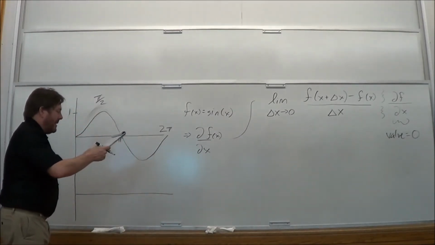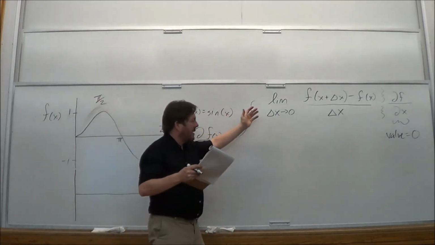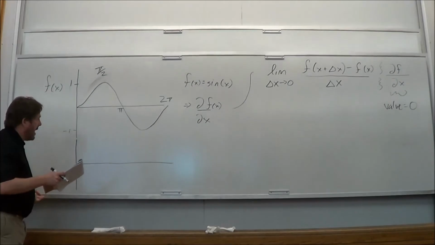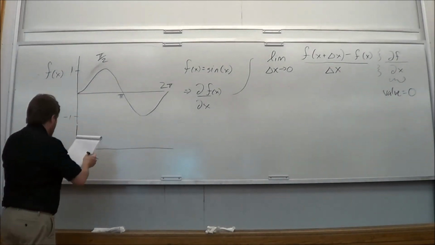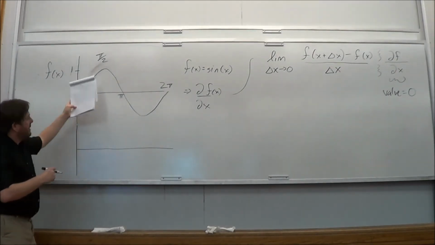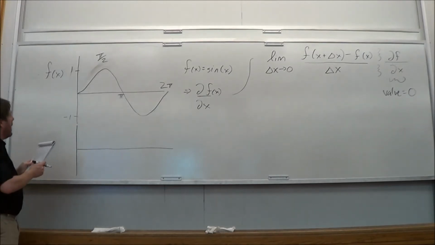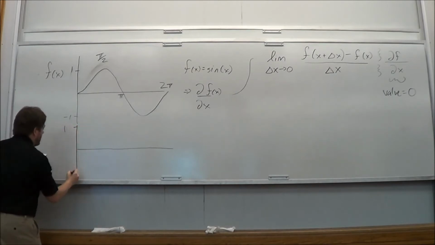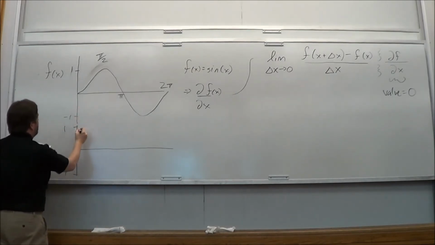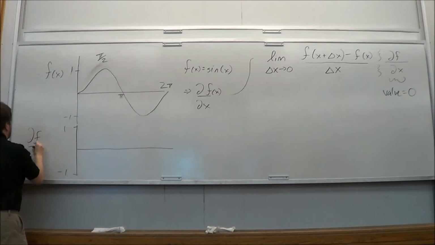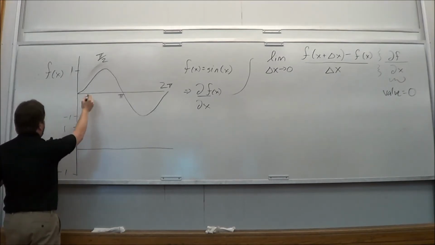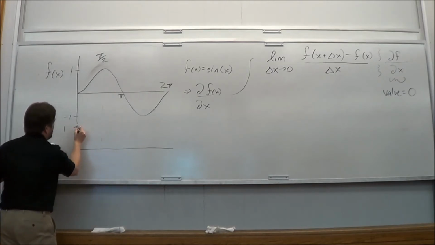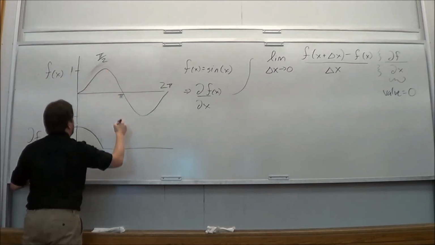Okay, now knowing that this is this, I'm going to use this in a minute, and that these are slopes of a line and that this is sine, I want to remind you that initially this is a rising function, and the slope just happens to be 1. So this derivative of sine starts out at 1, and here, at pi halves, it will be 0, because the function doesn't change.